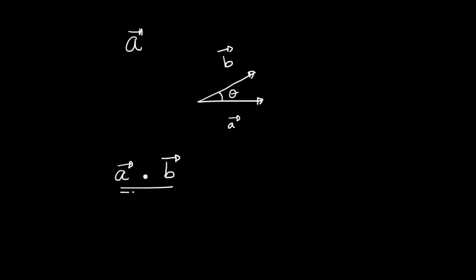A vector A and a vector B, and the angle between them happens to be theta. Then the dot product, where the dot signifies that it's a scalar dot product, we define this operation between two vectors to be equal to mod of A mod of B into cos of theta.